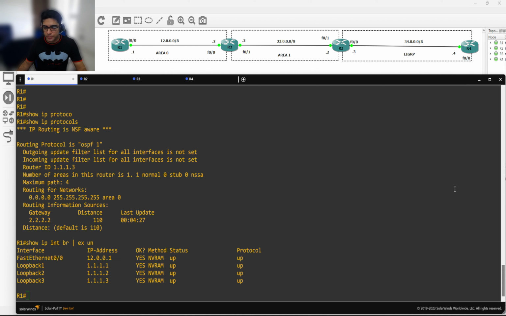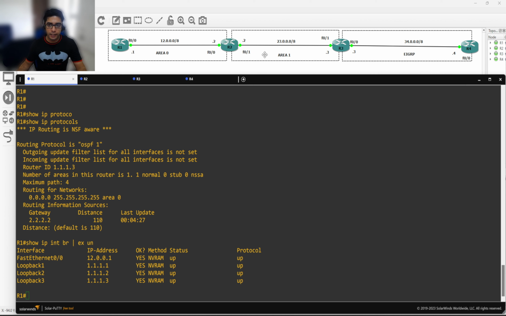So for the OSPF, EIGRP is an external network, and you can see their IP addresses on the interfaces. So between R1 and R2, I have 12.0.0.0/8 IP address range, meaning the IP address on R1 is 12.0.0.1, on R2 it is 12.0.0.2.